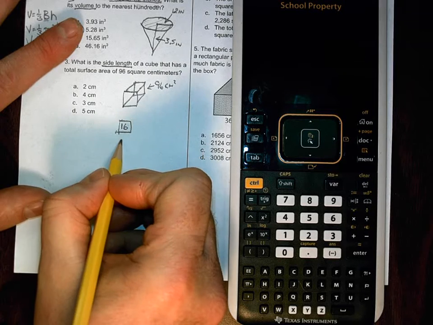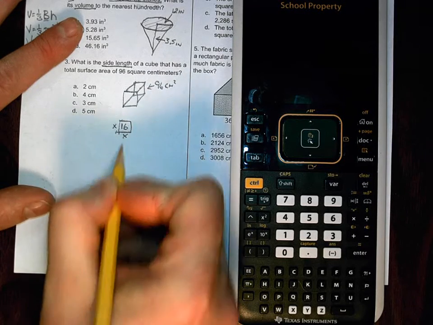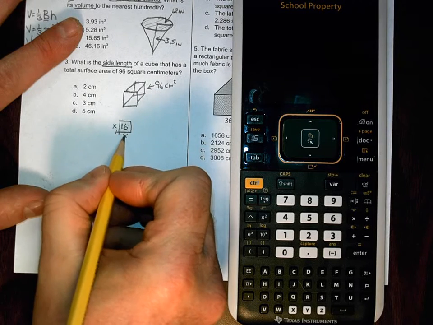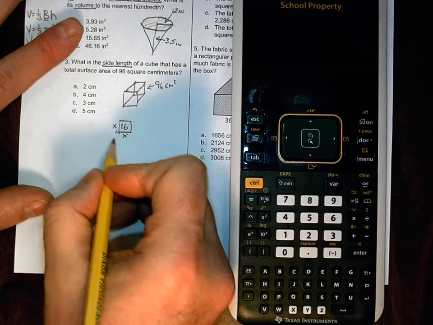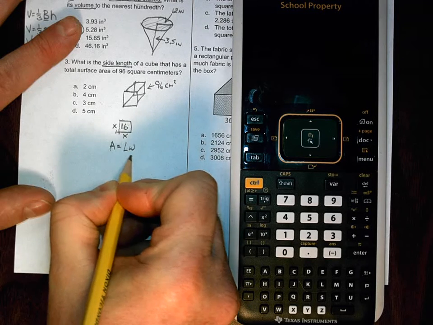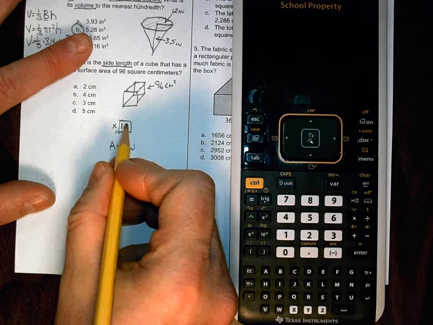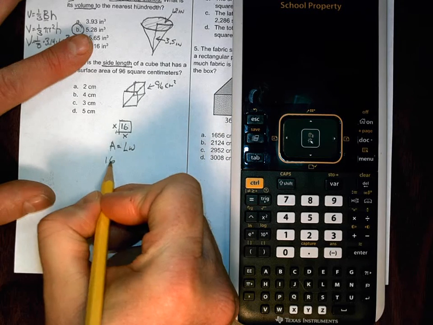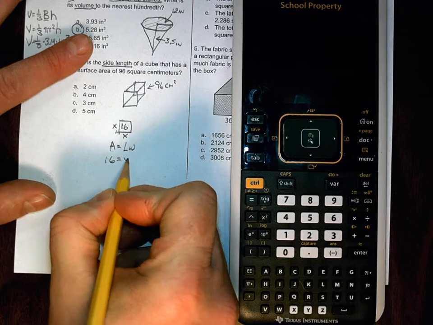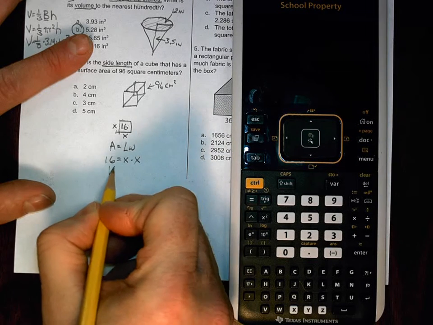So now I'm in a square, and I know that the sides of the square are the exact same length, or if they're unknown, x is everything. The area of a rectangle is length times width. And I hate base times height, so you're going to hear me keep doing that. Since I know the area is 16, that equals length, which is x, times width, which is x. Together, they're x squared.